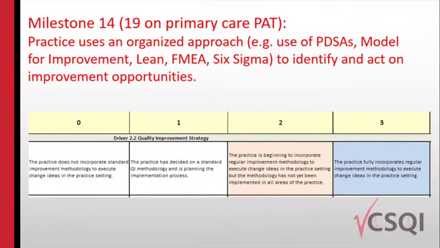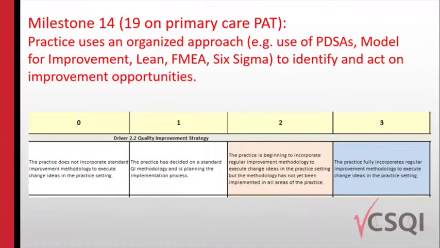And I think a lot of practices are thinking, do we send people out for training or do we bring in consultants to do formal training, things like that? The essence of what this milestone is asking is, do we have a systematic way for how we go about problem solving or identifying issues and problem solving?